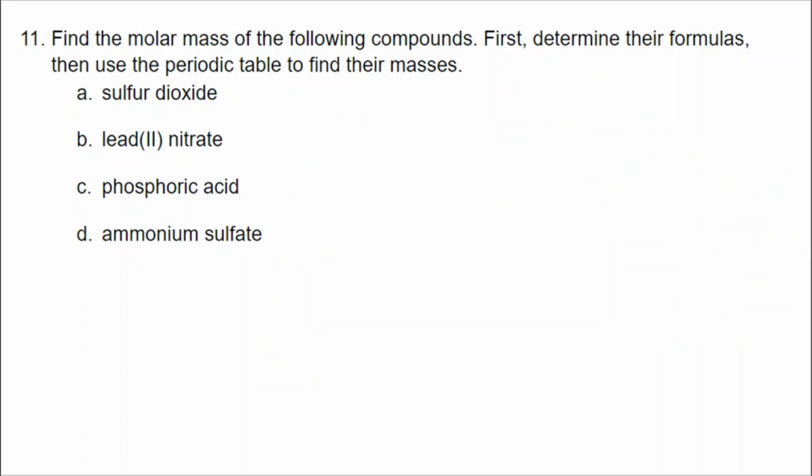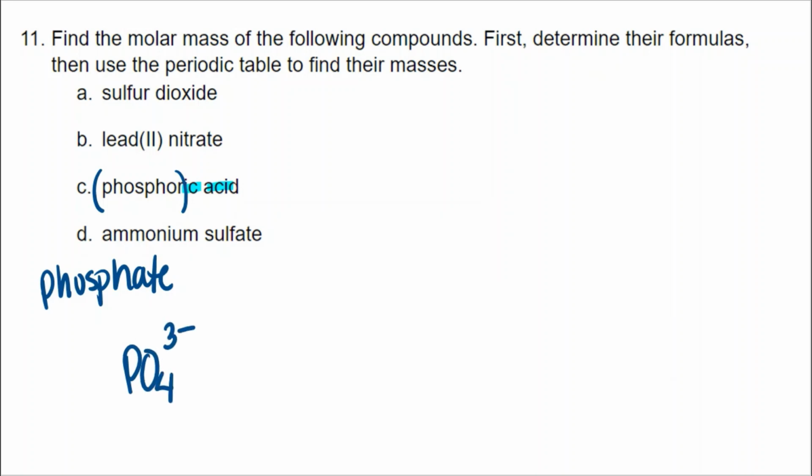Let's take a look at phosphoric acid. This is an -ic acid, which tells me that this stem here originally ended with -ate. So this was originally phosphate. Phosphate is the polyatomic ion PO4, and it has a -3 charge.